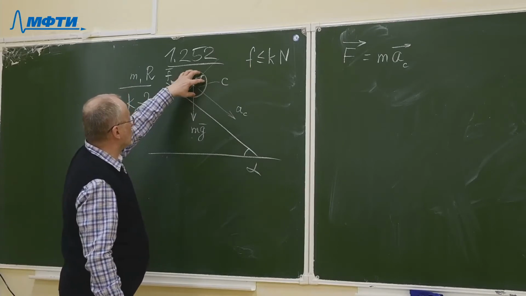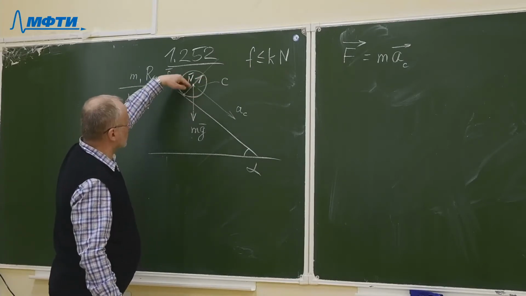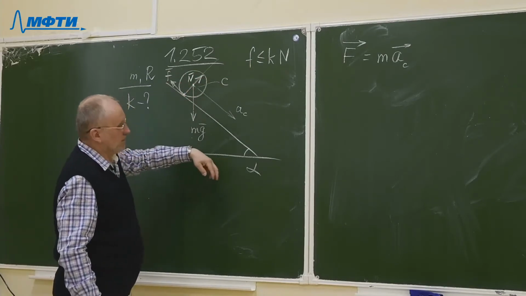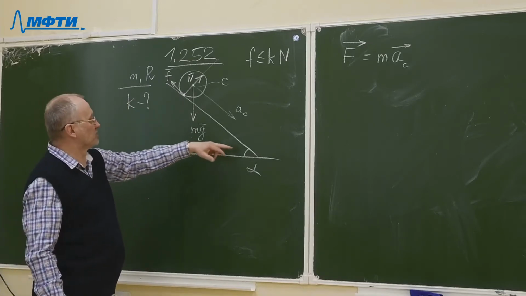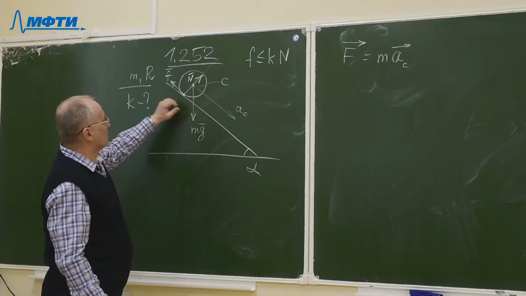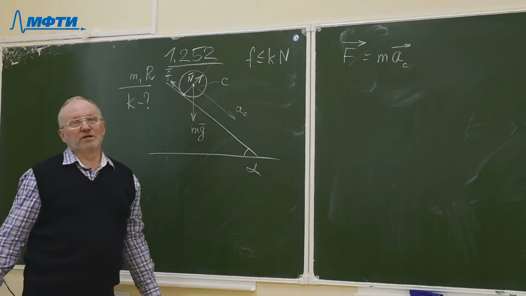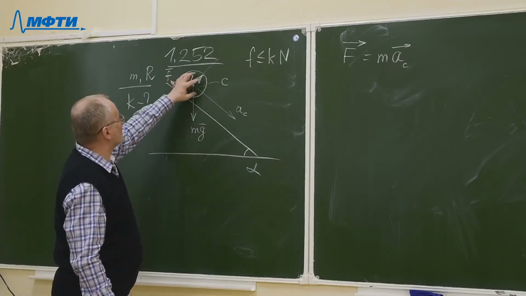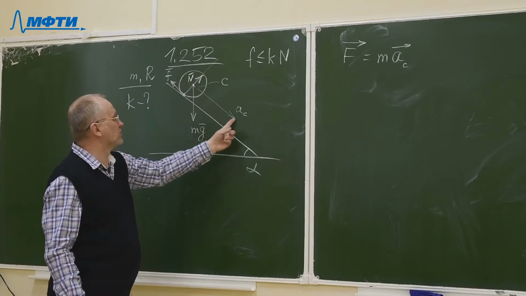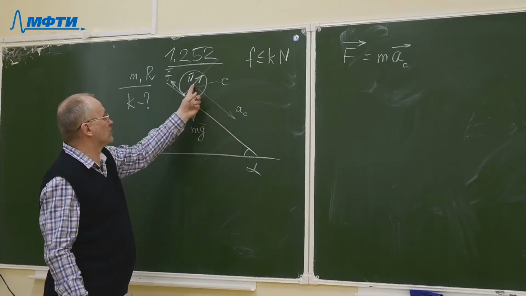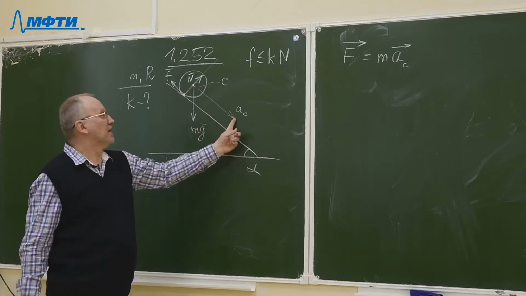And the ball is also unable to break the surface and fall down through it. It's assumed in such problems that the inclined surface is solid enough not to break under the weight of this ball. So the sphere necessarily moves along the surface, and the acceleration of its center of mass is directed along the surface.